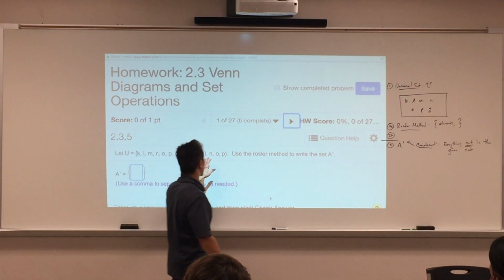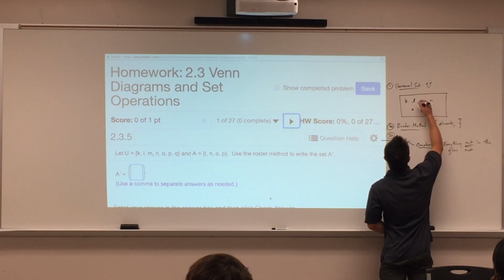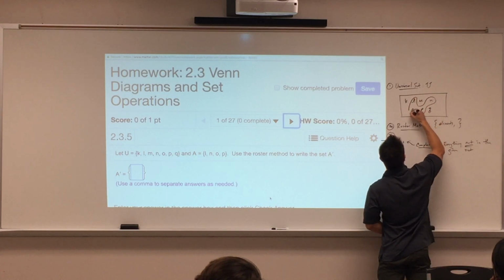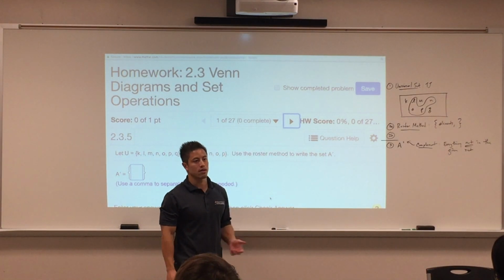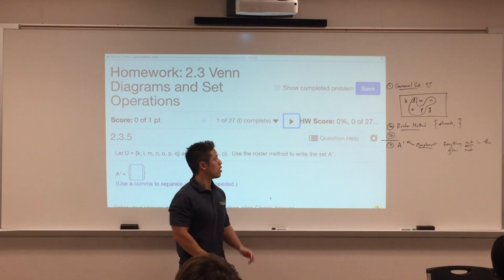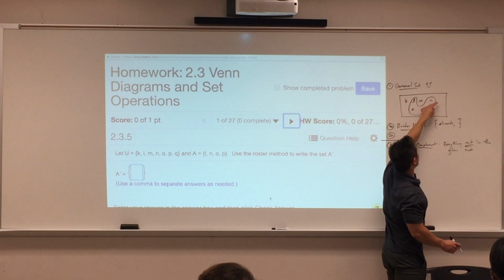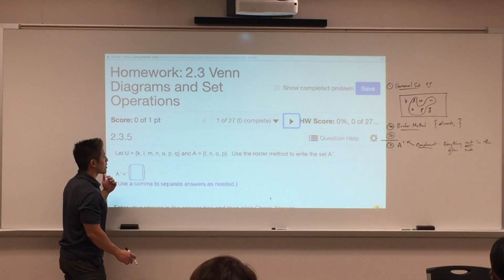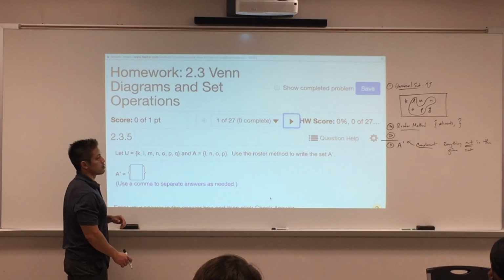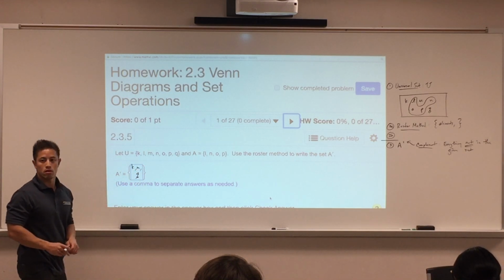So for example, if I say A complement, L, N, O, P, A consists of L, N, O, and P. So for example, if we're just looking at a visual of this, we won't look at visuals all class long, but a lot of times it helps students to learn it with a visual. So if I ask you for everything that is not in A, this is the subset of A. So if I want A complement, I want K, M, and Q. So those would be my answers.